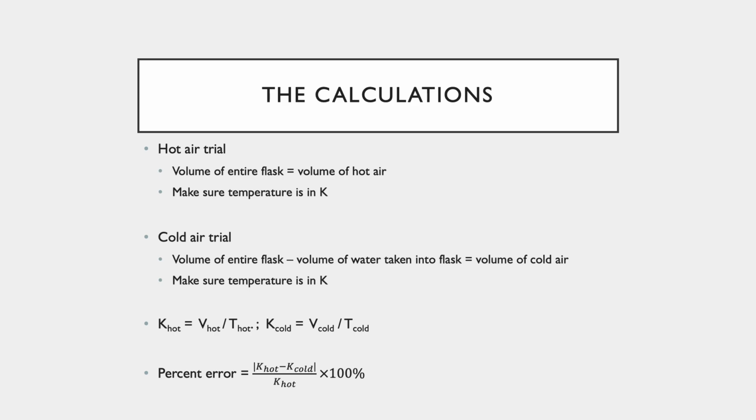And what we're going to be calculating is really then a percent error. And I think the lab manual probably incorrectly calls this a percent difference, but the way it describes for you to calculate it is really like calculating a percent error. And so to do that, we're going to take the difference of our hot air and our cold air constant, or these volume over temperature ratios. We'll take their difference, and then we're going to treat the hot air as the more accurate measurement and divide by that, and then multiply by 100%.